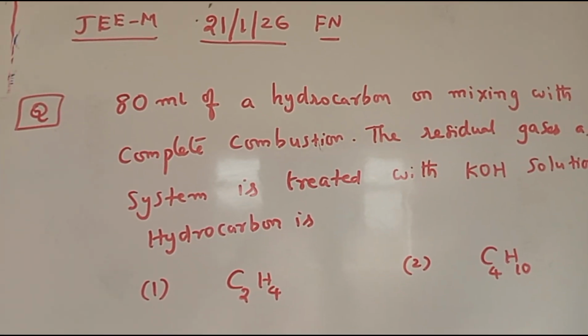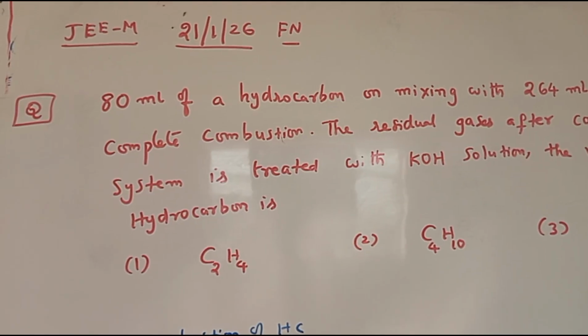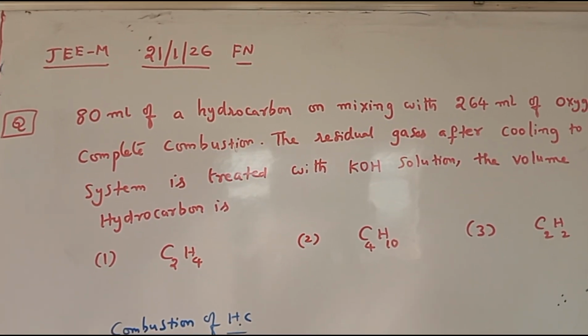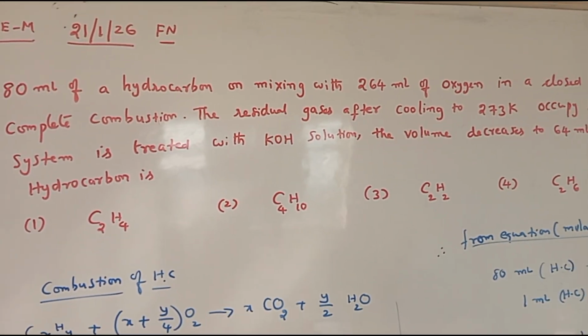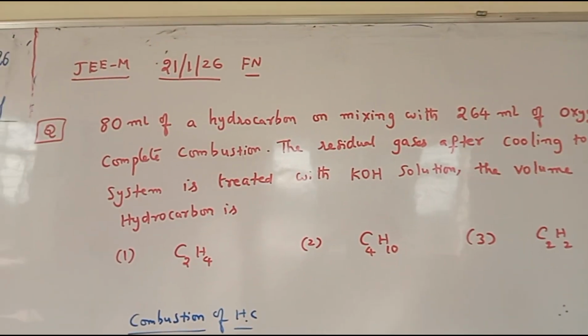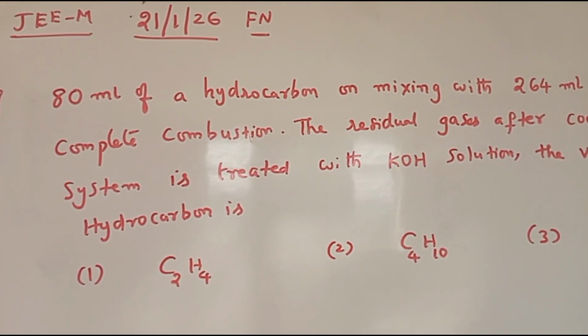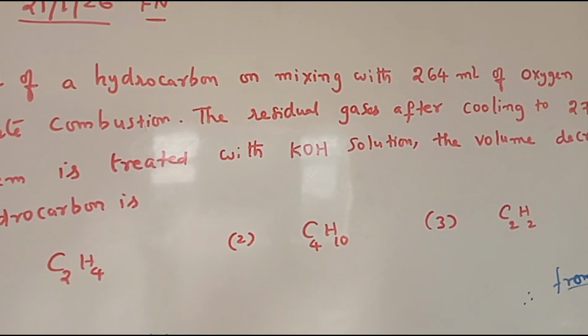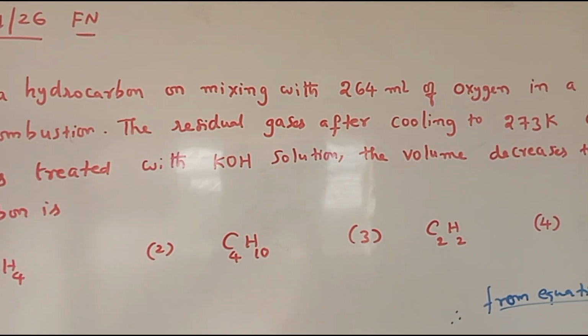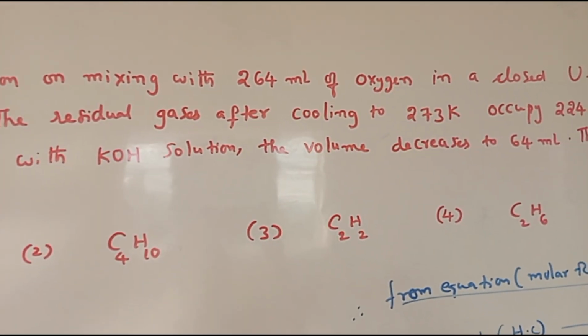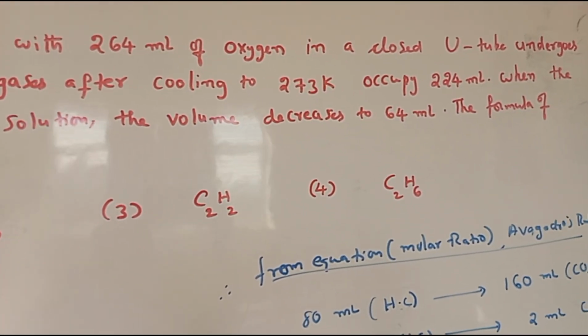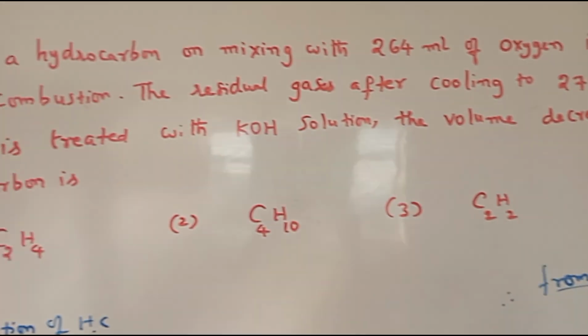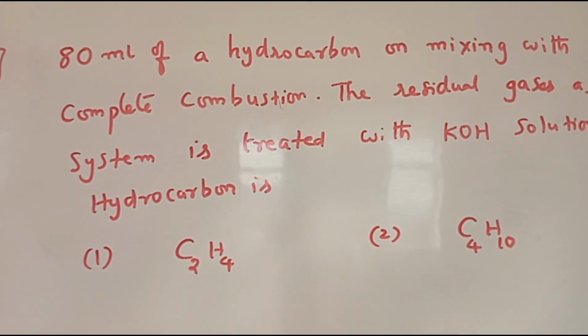See dear students, one more interesting question from JEE Mains 21st January morning session. We have 80 ml of hydrocarbon mixed with 260 ml of oxygen in a closed U tube and it undergoes complete combustion.